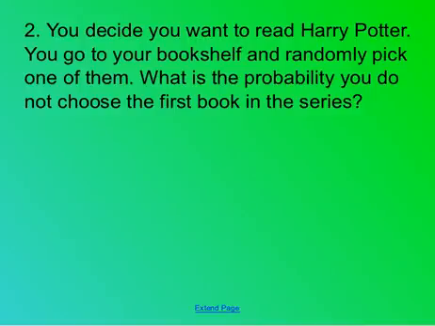You decide you want to read Harry Potter. You go to your bookshelf and randomly pick one of them. What is the probability you do not choose the first book in the series? Alright, first off, how many Harry Potter books are in the series?